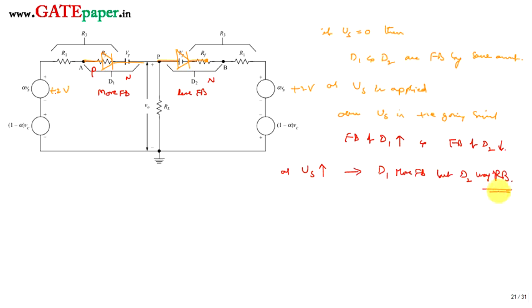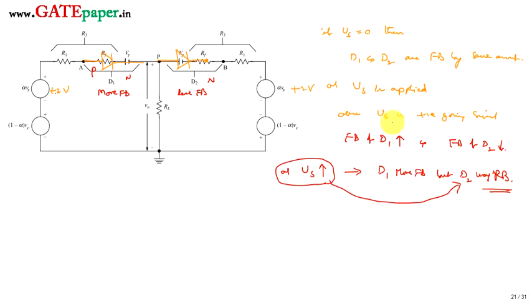At this point you must stop, where this doesn't act as a bidirectional sampling gate. So you can apply Vs such that it is just on the verge of diode 2 becoming reverse biased.